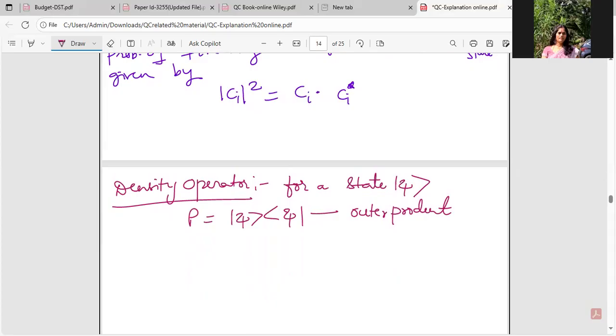Now, just see the matrix notation for the density operator, for rho. How will I write it? Just see here.